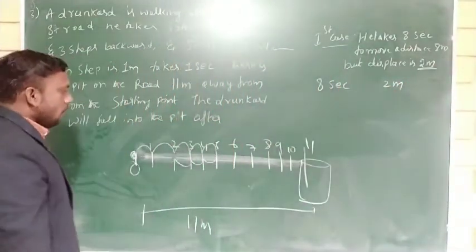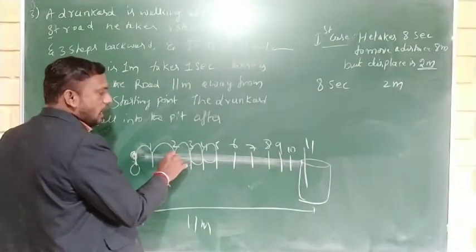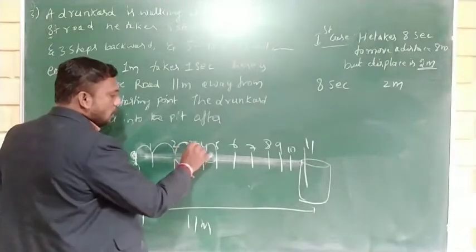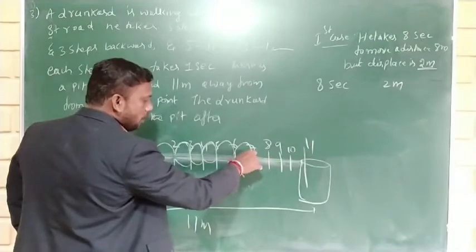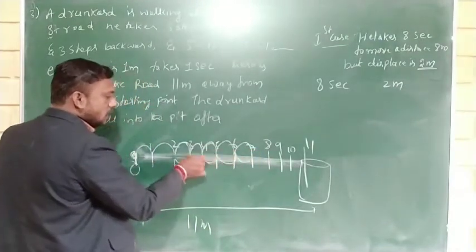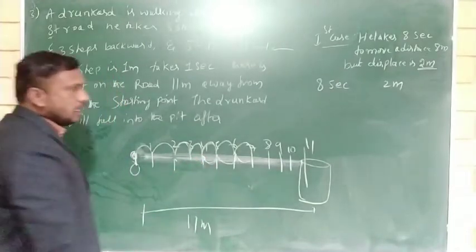Next, from this point, he moves 5 steps forward, 1, 2, 3, 4, 5, and 3 steps backward, 1, 2, 3. This is the point.